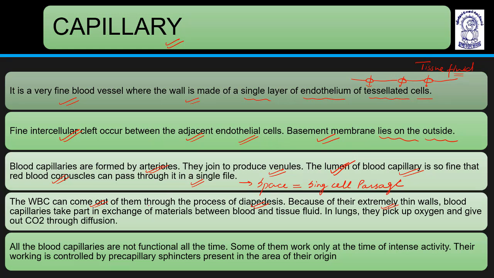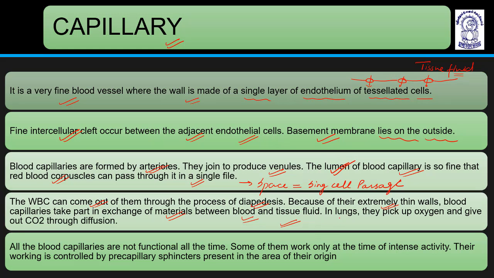Blood capillaries take part in the exchange of materials between blood and tissue fluid. Whenever required, the exchange of gases and nutrients takes place. Capillaries help make this exchange happen.